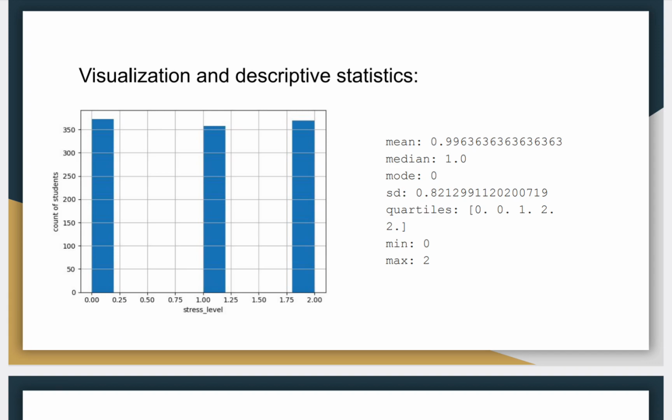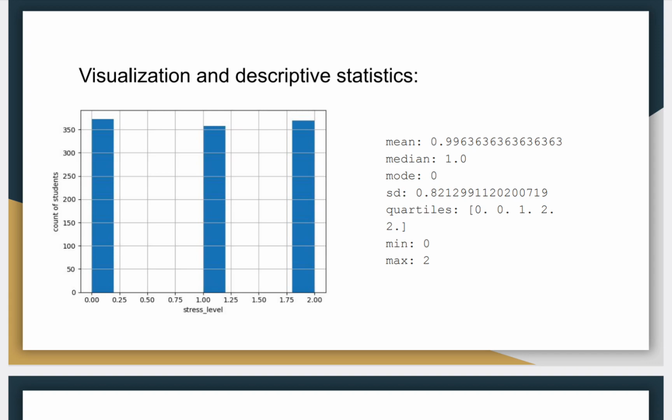As I said before, it is the answers from 1,100 students, and here you can see the histogram of the data, and on the right side the descriptive statistics. The mean of stress level is 0.99, median is 1, mode is 0, standard deviation is 0.82, and the minimum and maximum of the data are 0 and 2.